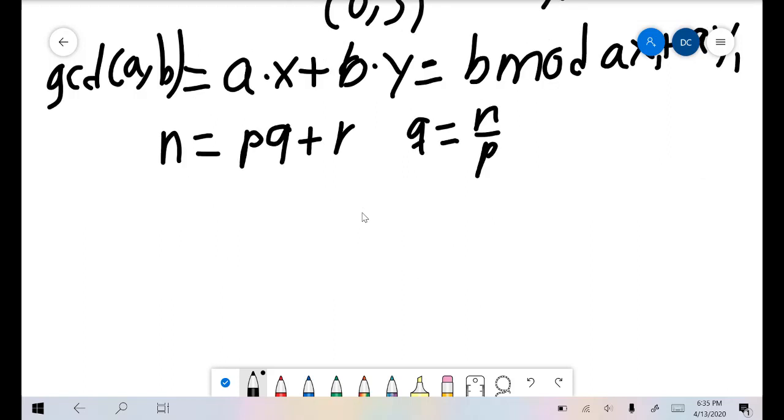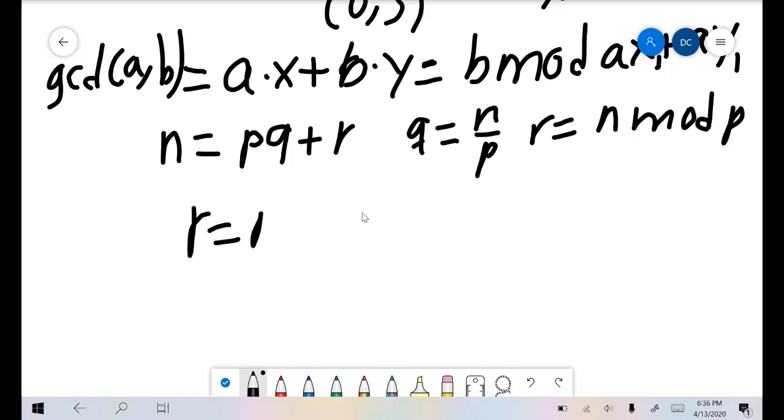So what is r equal to? Remember that r is the same as b mod a, or in this case it would be n mod p. Okay, so let's see what r is equal to. So we just move pq to the other side, and you get r is going to be equal to n minus pq.